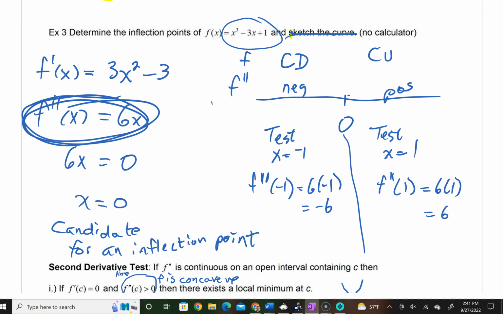Amazingly, you could find the critical numbers right now. What are the critical numbers here? If I set the first derivative equal to 0, it would just be 3x squared minus 3 equals 0, so 1 and -1. There'd be 2 possible candidates for local max and local min. We'd do a number line test and we'd figure it out.